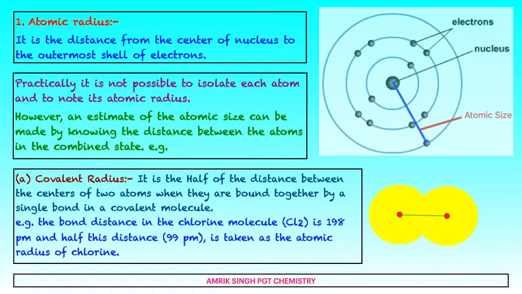The distance between their two nuclei is d, and covalent radius will be equal to d by 2. As given in the definition, covalent radius is the half of the distance between the centers of two atoms when they are bonded together by a single covalent bond.